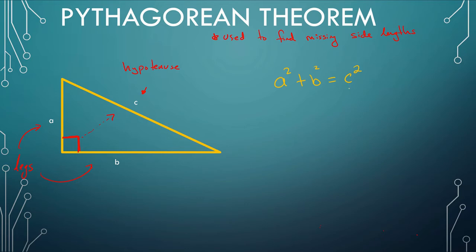So if we were looking for side C, then using Pythagorean Theorem, we can manipulate that by simply taking the square roots on both sides. And if I were to take the square root on both sides, then we end up with A squared plus B squared, and then the square root of that would be equal to C.